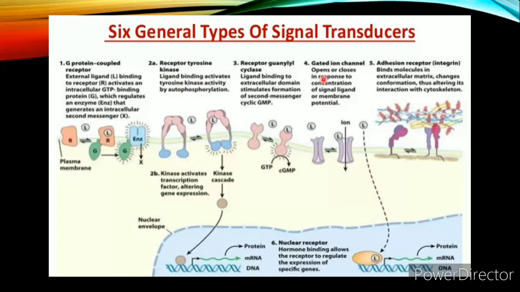The next one is the gated ion channel. Why is it called a gated ion channel? The gated ion channel of the plasma membrane opens or closes in response to chemical ligands or changes in the transmembrane potential, so it is called the gated ion channel.